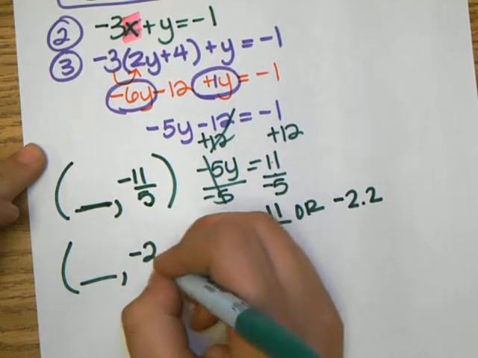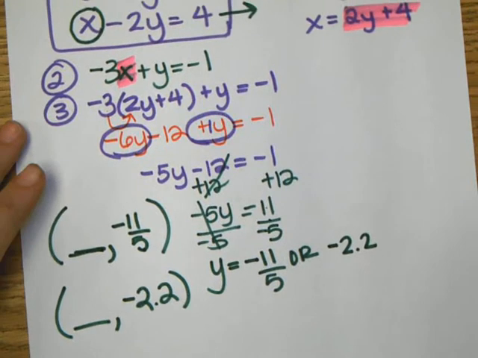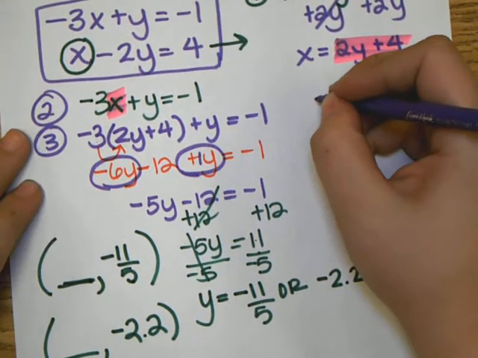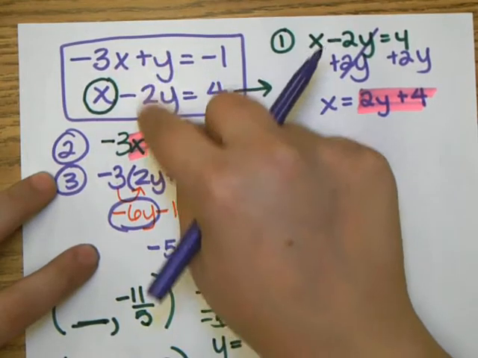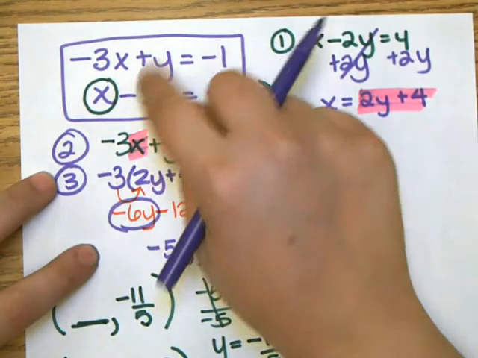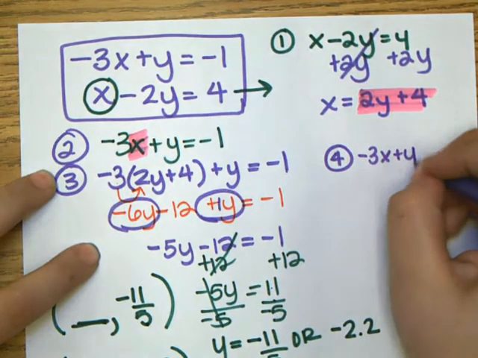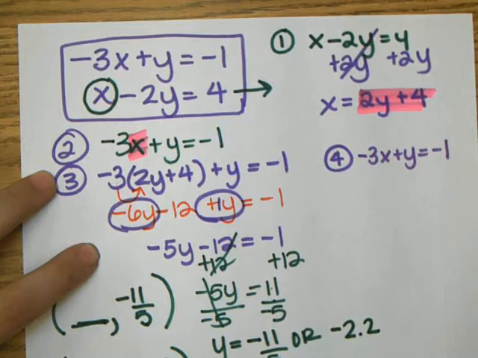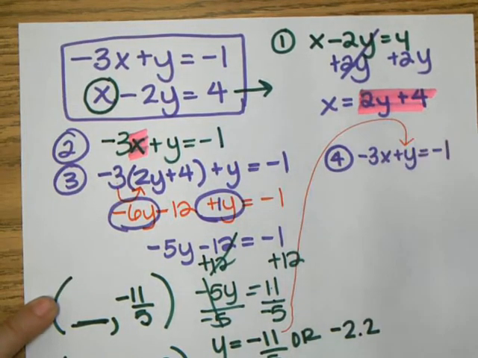Okay, so right now we don't know what x is, but we know that y is -11/5, which is the same thing as -2.2. So we can leave our answer as a decimal or a fraction. Then the final step, step 4, is to go back, pick one of these. It does not matter which one.